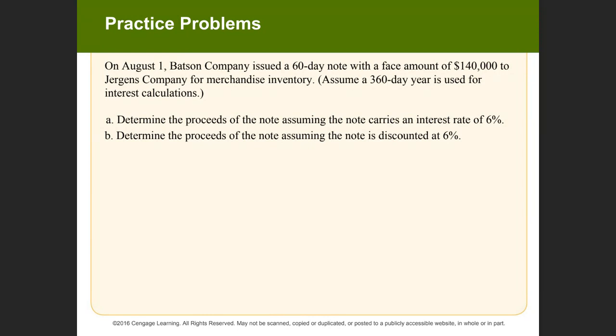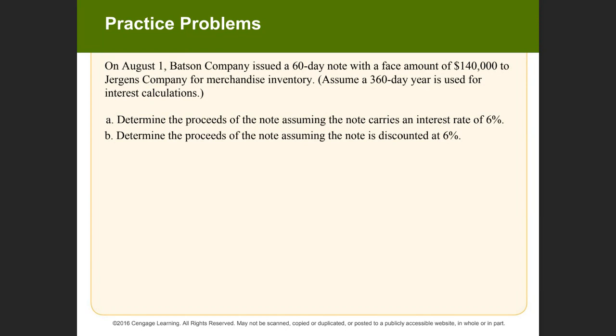So what we're doing here, sorry, I can totally see where that could be confusing. First they're asking us to determine the proceeds of the note, assuming the note carries an interest rate of 6%.